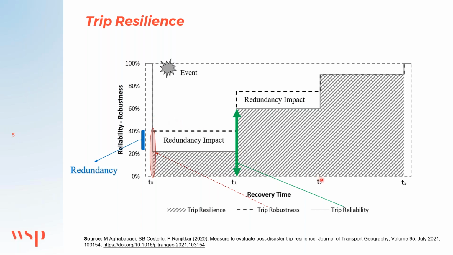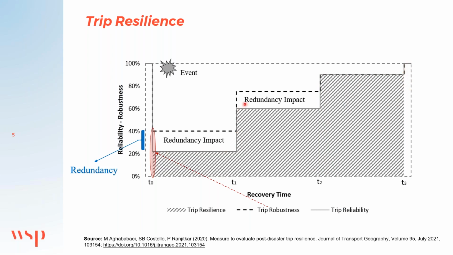Then we go to T2 during the recovery, and again we can measure trip reliability at this time. As you can see, at T2 we just have some eliminated trips, and all of the trips can go with business as usual travel time, so we don't have any redundancy impact here. And with just some eliminated trips at T3, you can see that they get back to the normal condition.